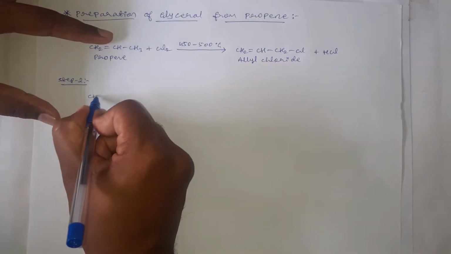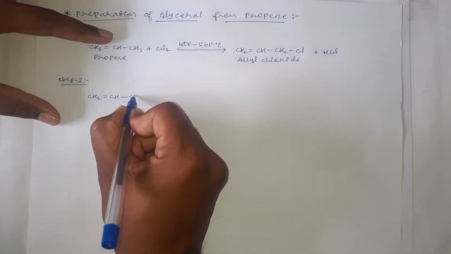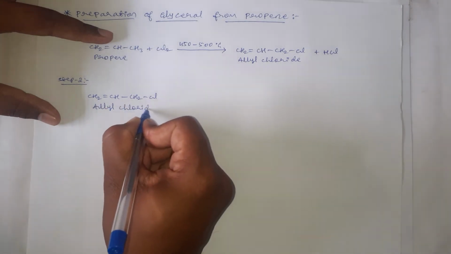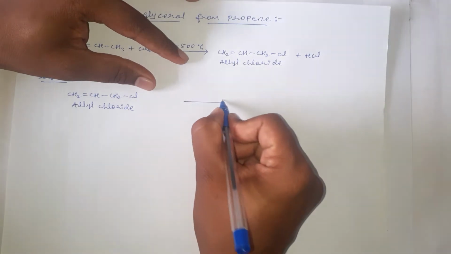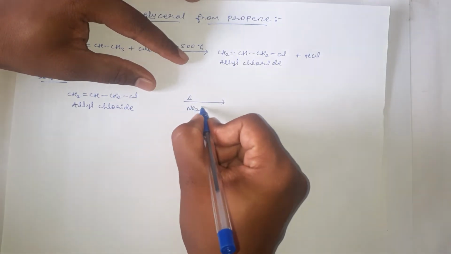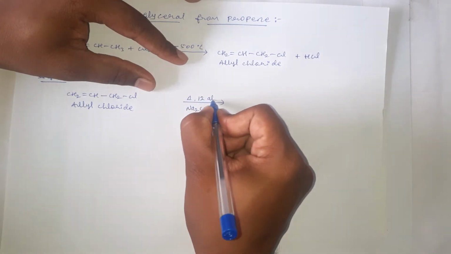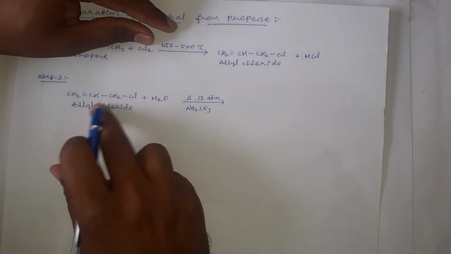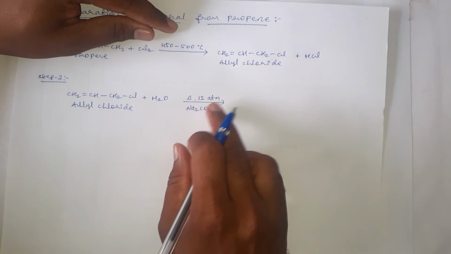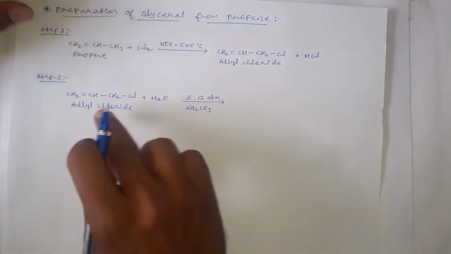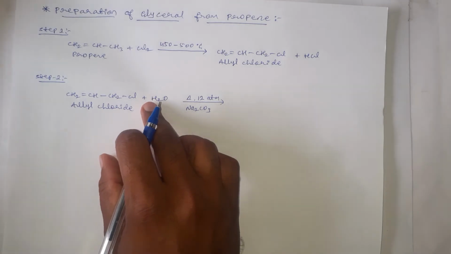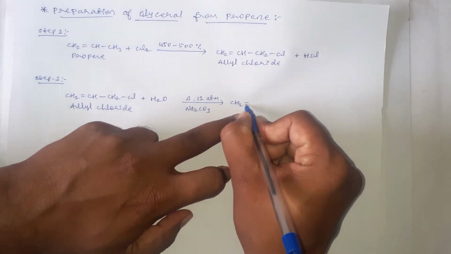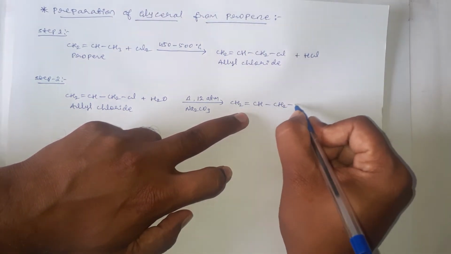And step 2 involves this allyl chloride being heated with sodium carbonate at 12 atmospheric pressure, where it undergoes hydrolysis, meaning addition of water, and forms CH2=CH-CH2OH.